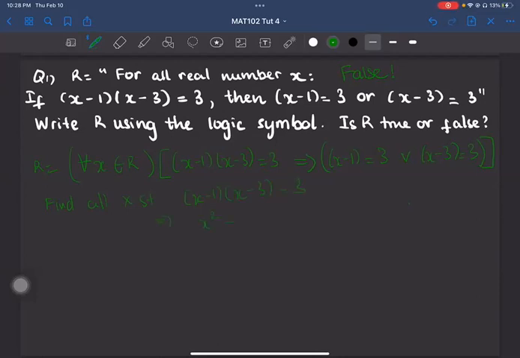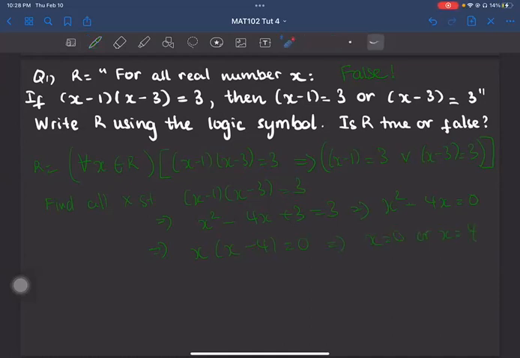Then I expand it out. I have x squared minus 4x plus 3 equal to 3. That gives me x squared minus 4x equal to 0, and that gives me x times x minus 4 equal to 0. So x equals 0 or x equals 4.